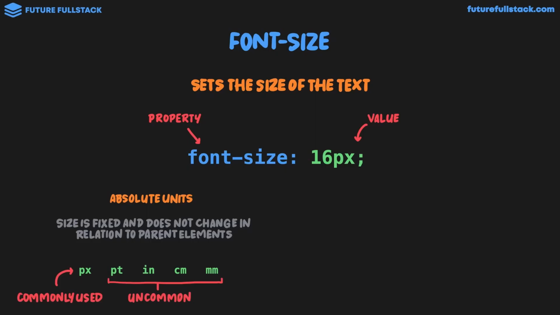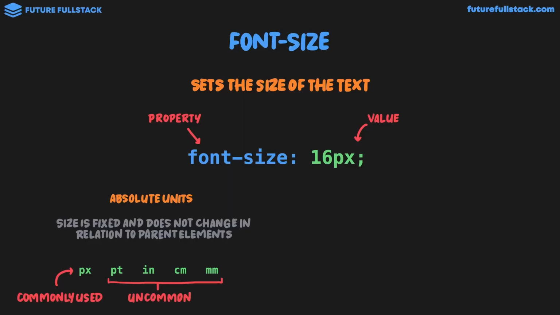Point is a unit that's often used in printing, and inches, centimeters, and millimeters are units used in the real world. Most of the time, except for a few properties, we typically avoid using absolute units because they're static. Web pages are all about dynamic and adaptable designs that can fit different screen sizes and resolutions. Therefore, having a fixed size isn't ideal.